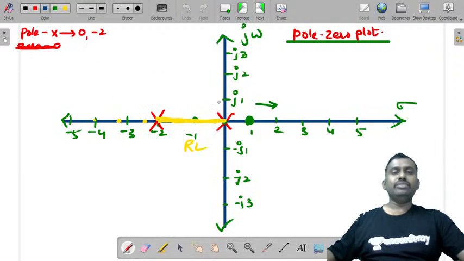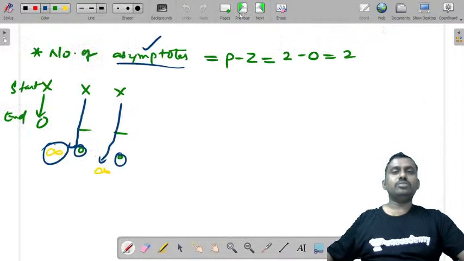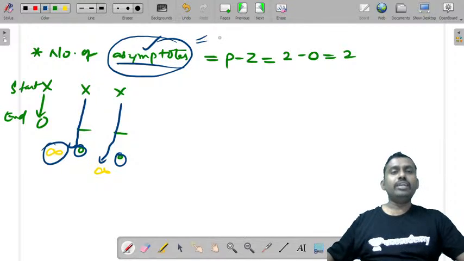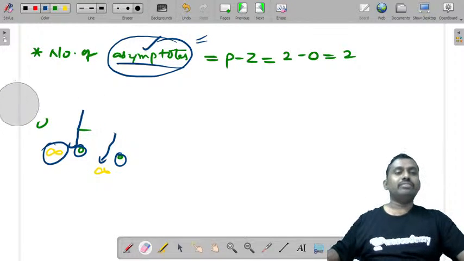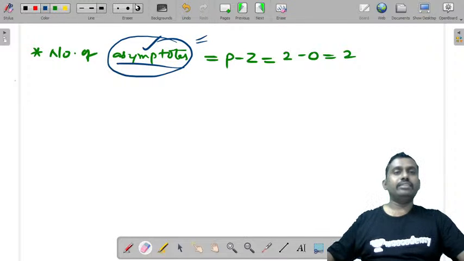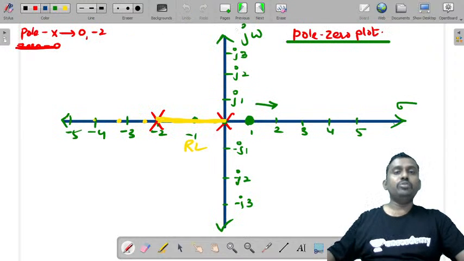We have known that we need two asymptotes, that is, two straight lines. Where to draw these two asymptotes? That is one more question. We'll find one more thing, the centroid, for the asymptotes, and we have to draw straight lines. Where do we draw them? Do we draw them at -5, -4, -3, or 1 or 2, or on the imaginary axis?